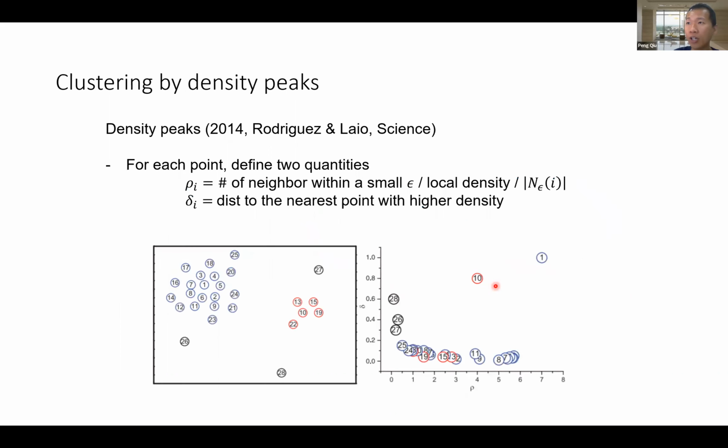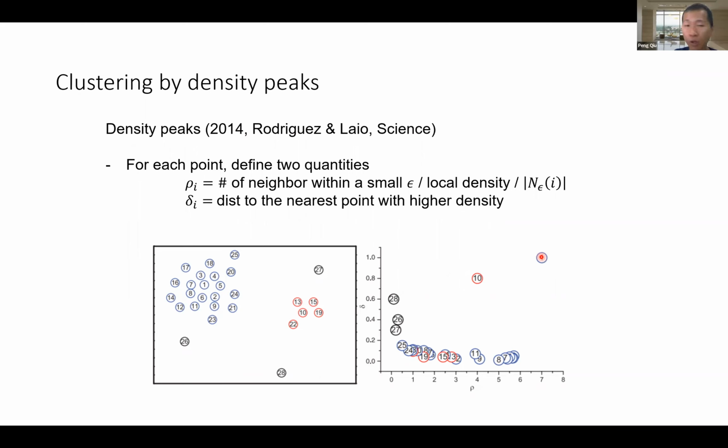Another algorithm, in the interest of time, I'll skip it, but just let you know the reference. This is a Science paper published not too long ago. What they're doing is also looking at the local density of each data point and then trying to identify data points whose local density is high, and which are also far away from other data points whose local density is higher.